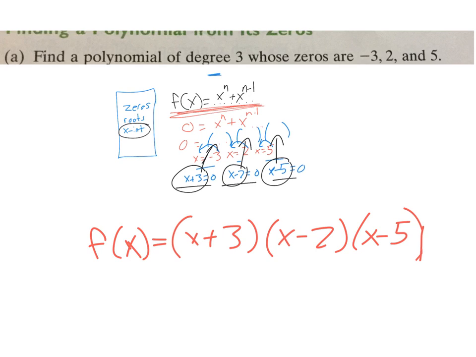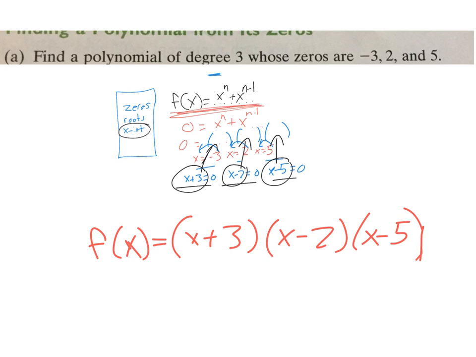Or there is a quicker way, but you have to make sure you're able to see it. This is an x to the first power, and what's it raised to? The first power. So I've got an x to the first, an x to the first, and an x to the first. When I distribute that out, it's going to get me an x to the third. That's going to be the biggest one, okay? So I already know this is going to be third degree before I ever distribute it.